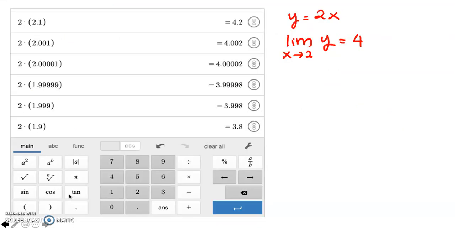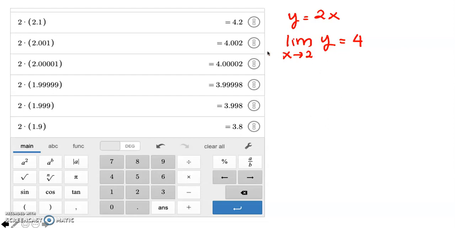As a last remark, I would like to emphasize that when analyzing the limit, actually we are saying that x here is a very small number. So a very small number approaching 2 from the left side or the right side.